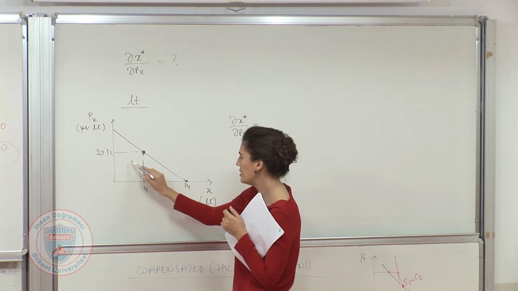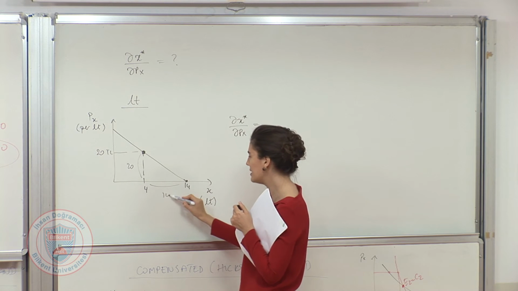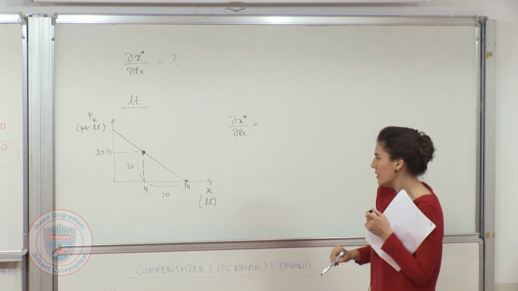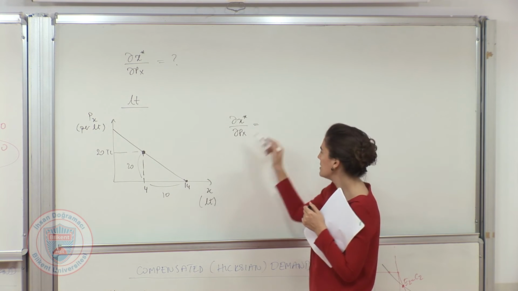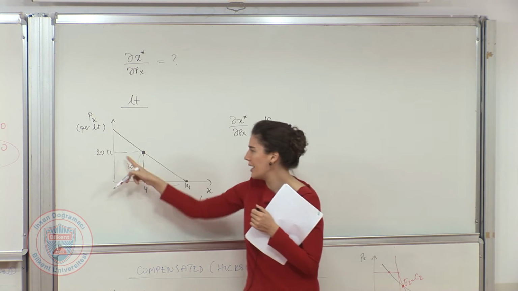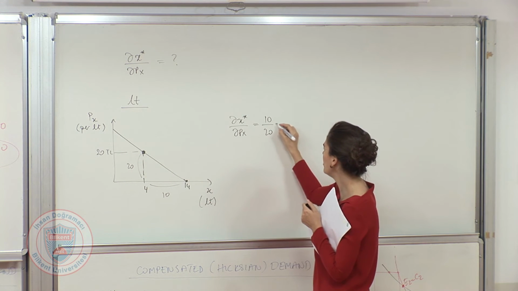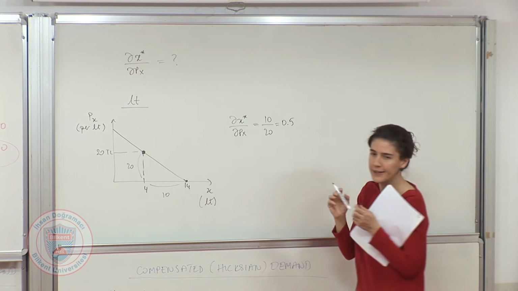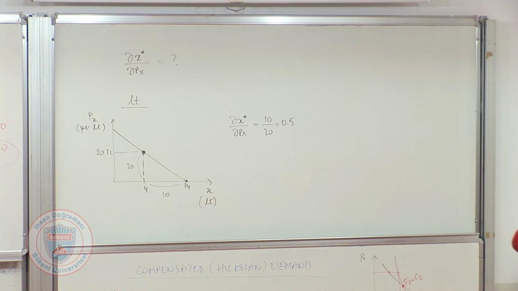The change in X is 10, the change in PX is 20, so this is 0.5. So when the price changes by 1 unit, the amount of caramel macchiatos changes by 1/2 units, okay?